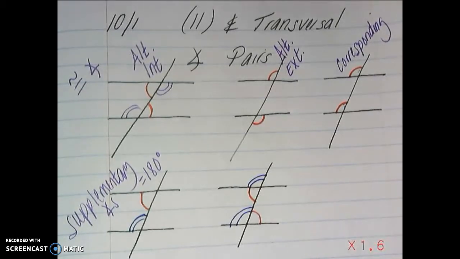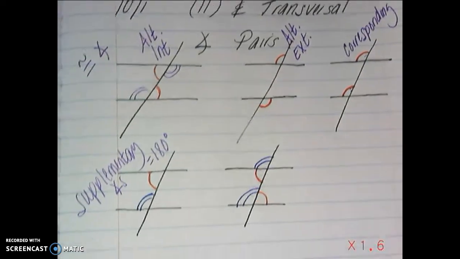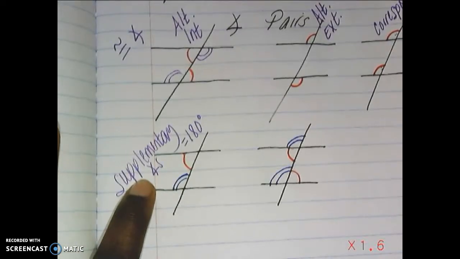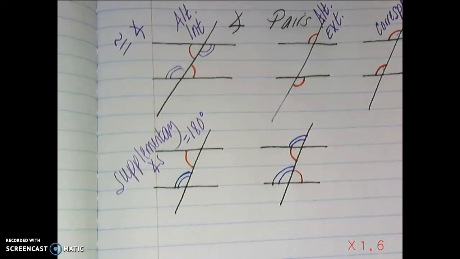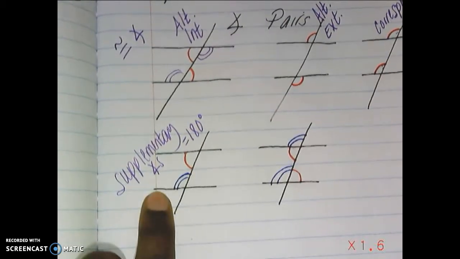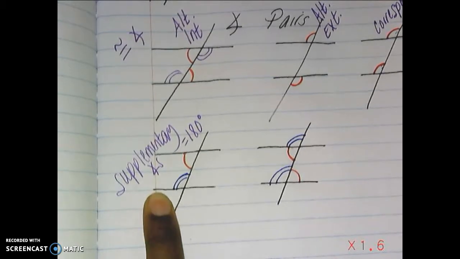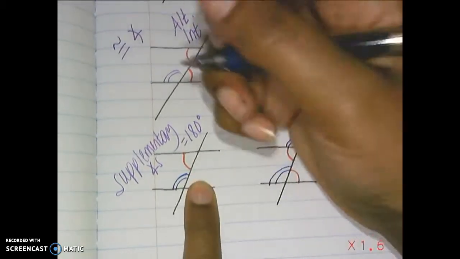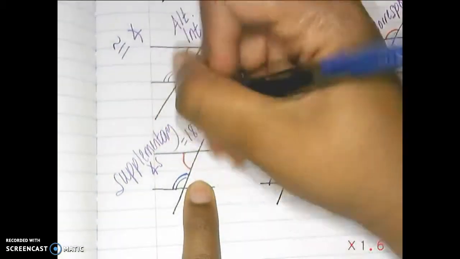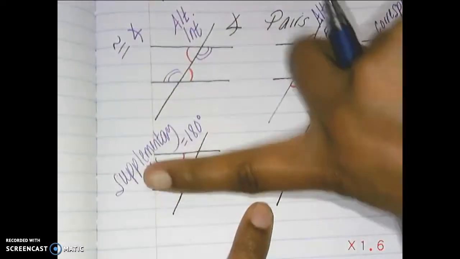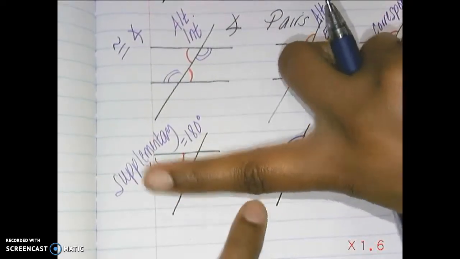Now, down to the bottom, we have supplementary angles. Supplementary angles are two angles that, when you add them, equal 180. So the angle pair that you have here on this first one, they're considered supplementary. And the reason being, finger in the middle, so I'm covering up the angles.